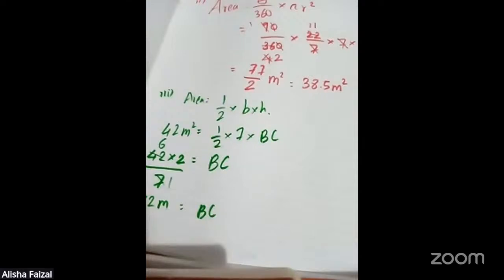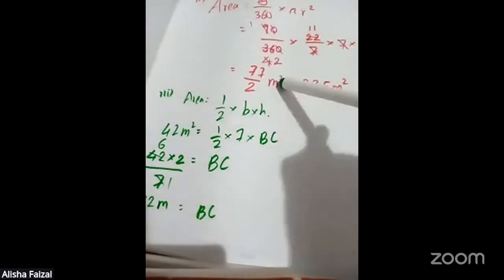You can unmute and say. You can give it a try. What will be the answer if it's 3 times the area of this?